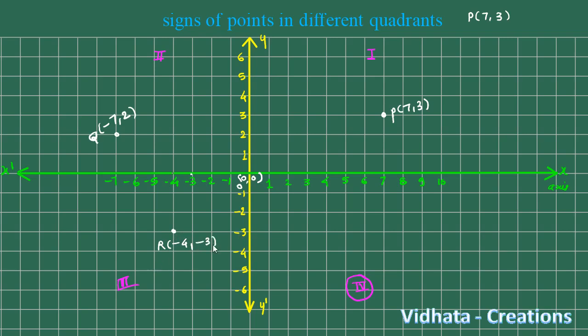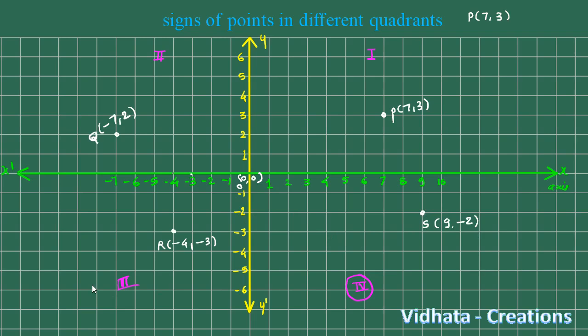So -4 and -3 are the coordinates of the given point. One more point I will take here. Let this point be S. What are the coordinates of S? Its x coordinate is 9 and y coordinate is -2. Okay, these are the coordinates of point S.